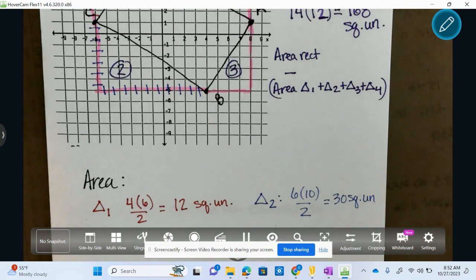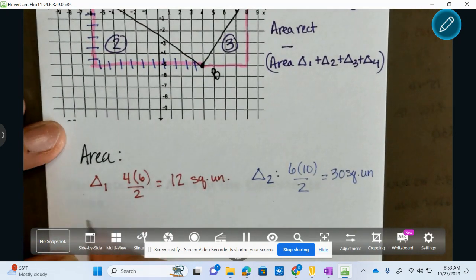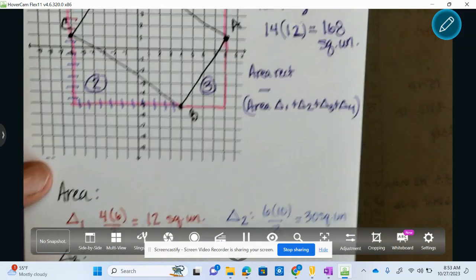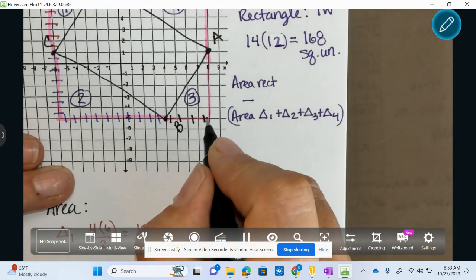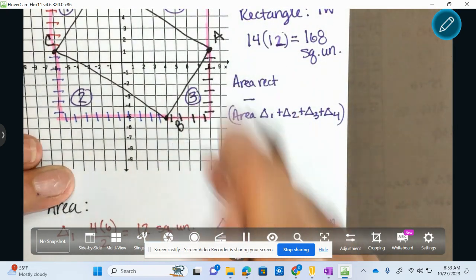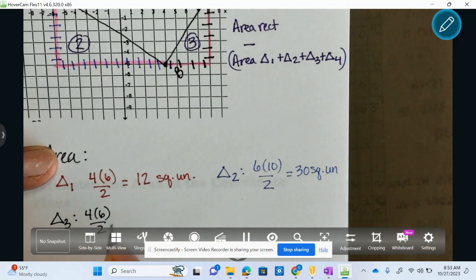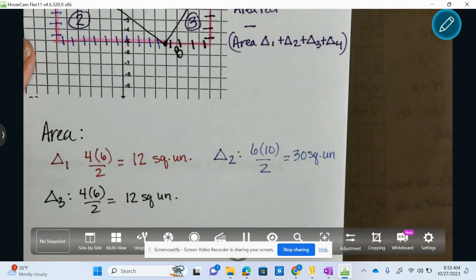Now I'm going to go to triangle 3. I'm finding its area. Triangle 3 has a base of 1, 2, 3, 4 times a height of 1, 2, 3, 4, 5, 6. 4 times 6 divided by 2 equals 12. It has the same exact area and dimensions as triangle number 1.